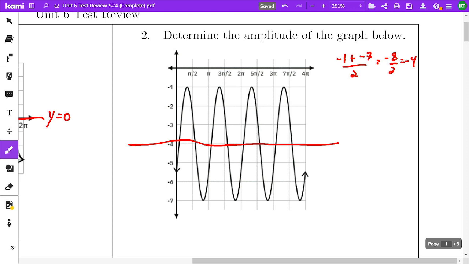Then, just like in the previous question, we are going from our highest value to our midline or our lowest value to our midline. It will be the same thing. So that's going to be 3 units there, which means my amplitude, or my A, is going to be equal to 3.